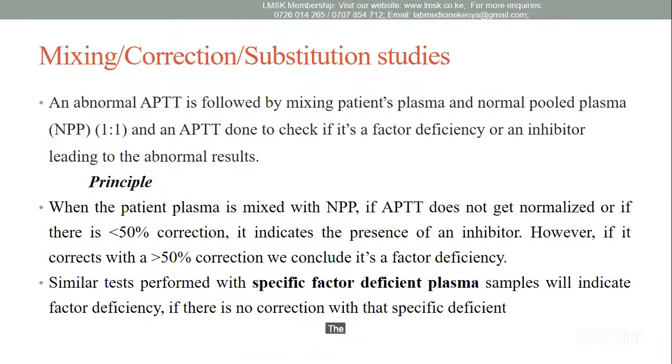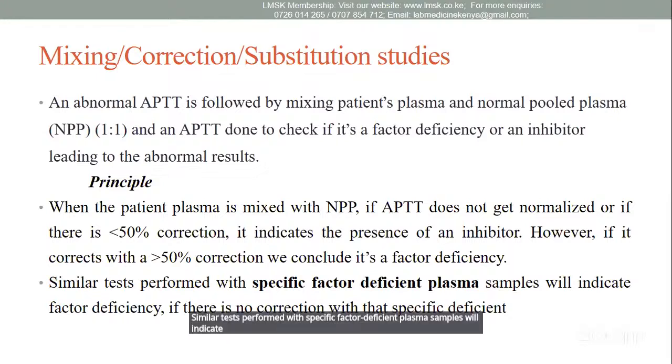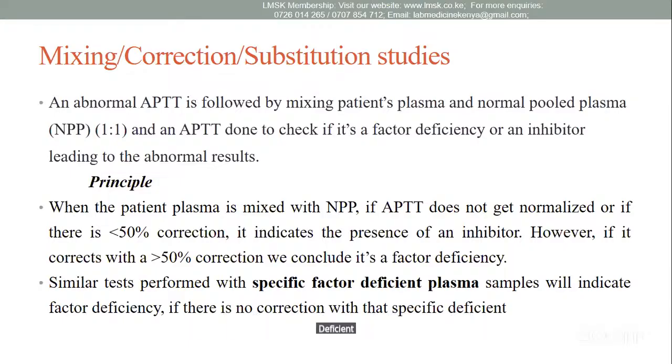The principle here is when the patient plasma is mixed with normal pooled plasma, if APTT does not get normalized, or if there is less than 50% correction, it indicates the presence of an inhibitor. However, if it does correct, we conclude it's a factor deficiency. Similar tests performed with specific factor deficient plasma samples will indicate factor deficiency if there is no correction with that specific deficient plasma. Next slide, please.